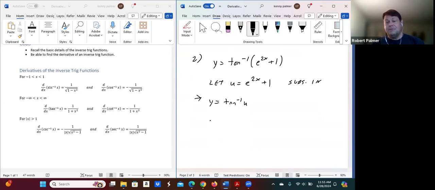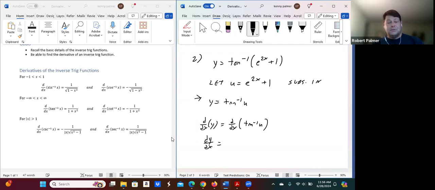So let's actually do this first, and let's take the derivative of both sides. Of course, the derivative of just y by itself is just dy over dx.